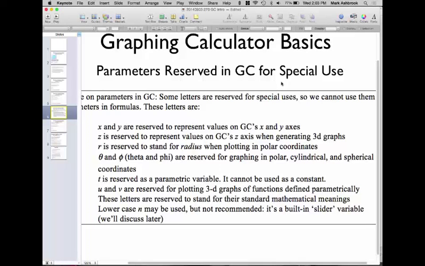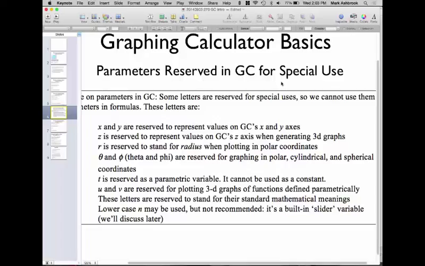Some letters are reserved for special uses, so you can't use them like we were using capital L and capital W. Those are called free parameters. You can use them if you wish or not. But these are reserved. X and Y we know are reserved to represent values on the X and Y axes, or using X and Y prompts GC to graph.